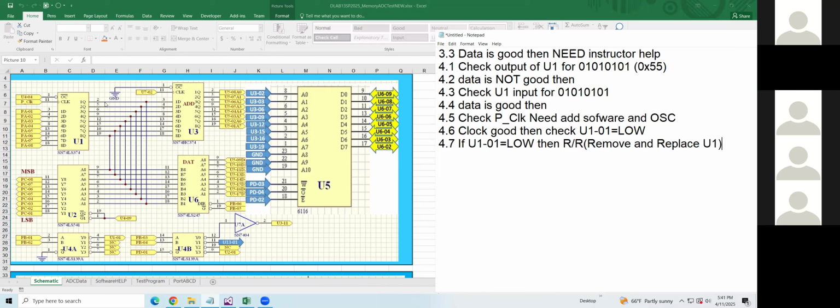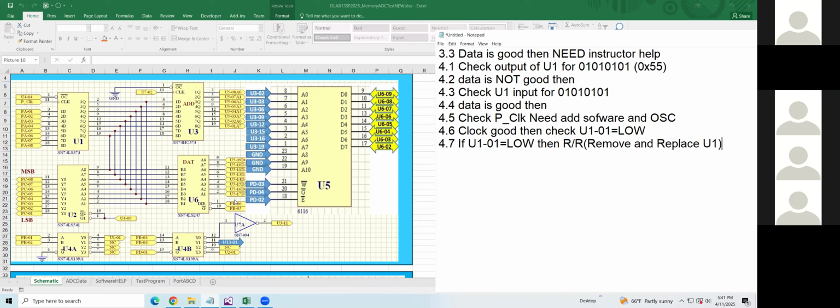If it goes to logic 1, that's telling you the wire was wrong. If this one is not, then you have to remove the wire at U3 pin 3. If it's working, that means that wire was wrong. At work, you cannot remove the wire anywhere.